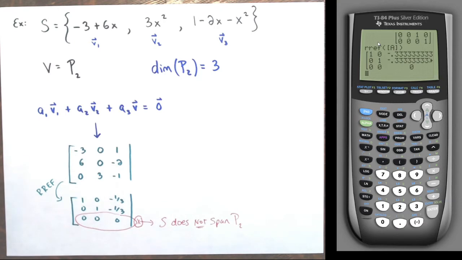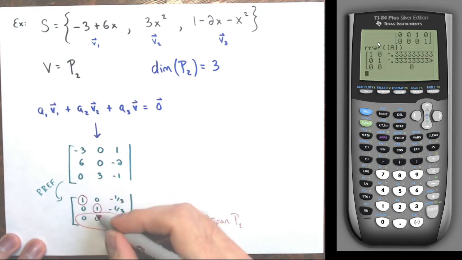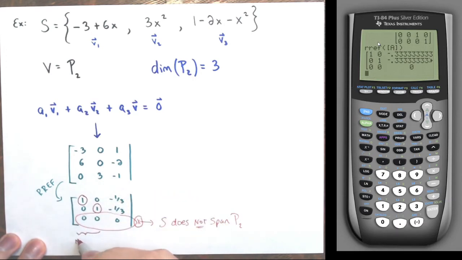But then another way to tell is looking at the pivot columns, right? Not every column is a pivot column in the coefficient matrix, right? With those leading ones in the reduced echelon form here. So that tells me that S is not independent, right?